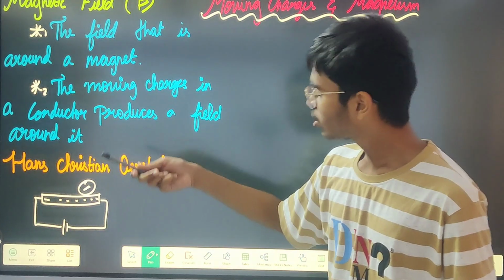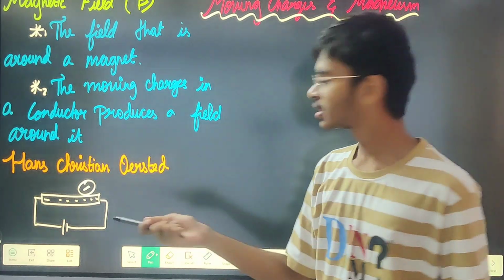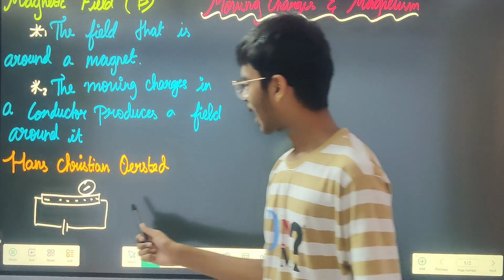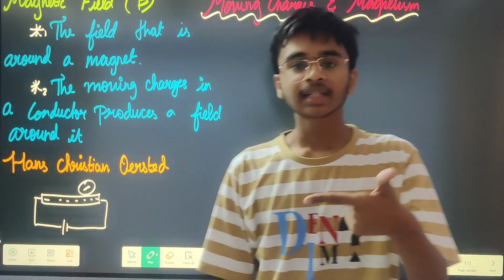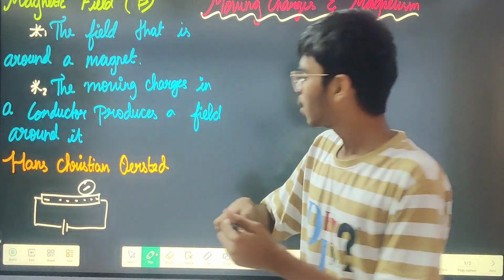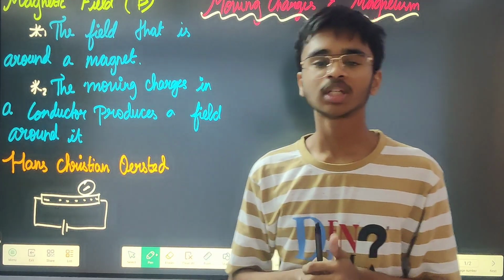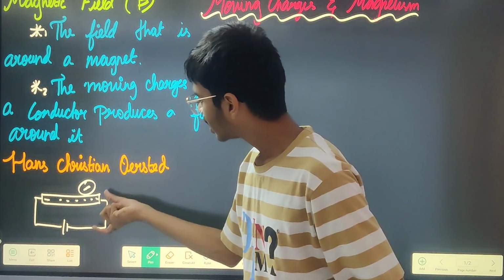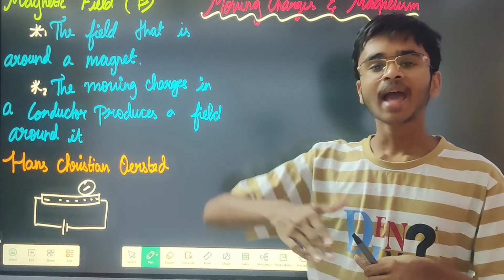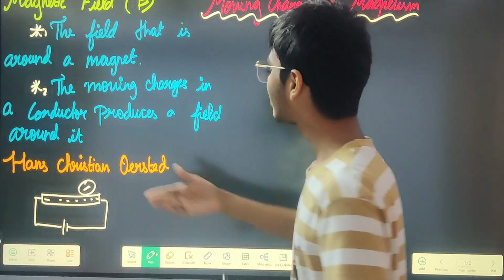When it was kept near a conductor, he sensed a deflection in the needle of the compass, which means that the conductor is able to produce a magnetic field. When he took it a little bit away, it came back to its normal position, because the magnetic field produced by the conductor is short range and reduces with distance.